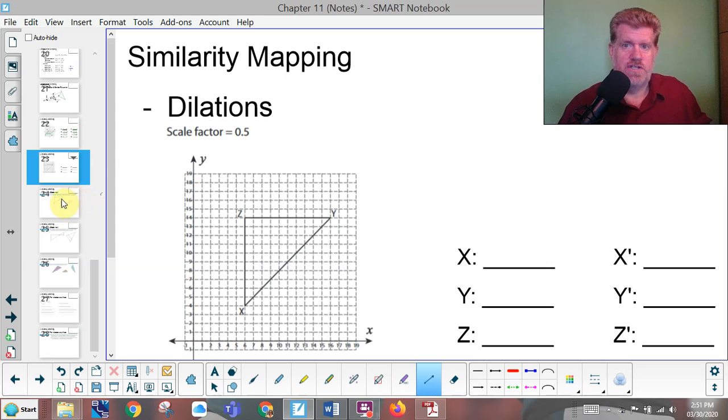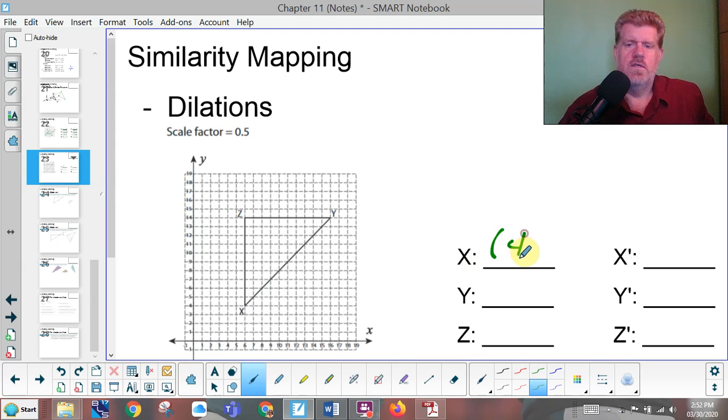That's a dilation. So here I'm going to make a scale factor of 0.5, which basically means I'm going to cut the size in half. Now the center is here still. So it's all going to come down to that point. So X is what, 6, 4? I said 6 and I wrote 4.